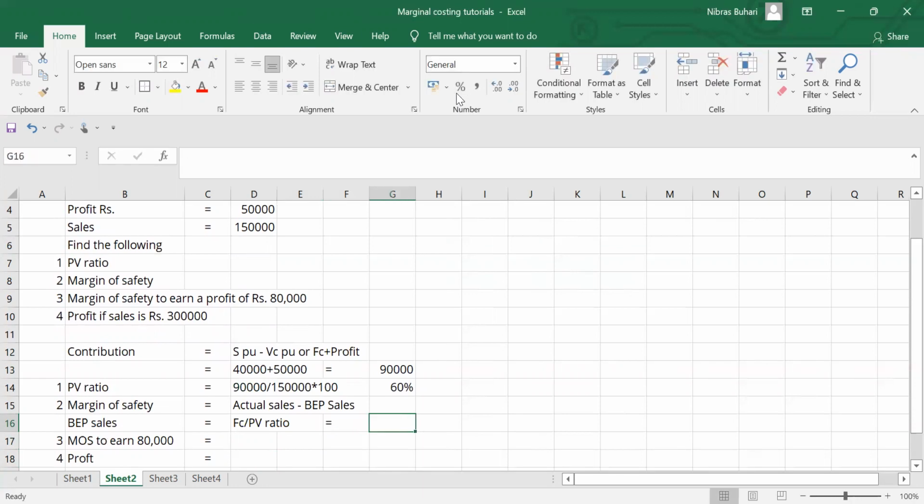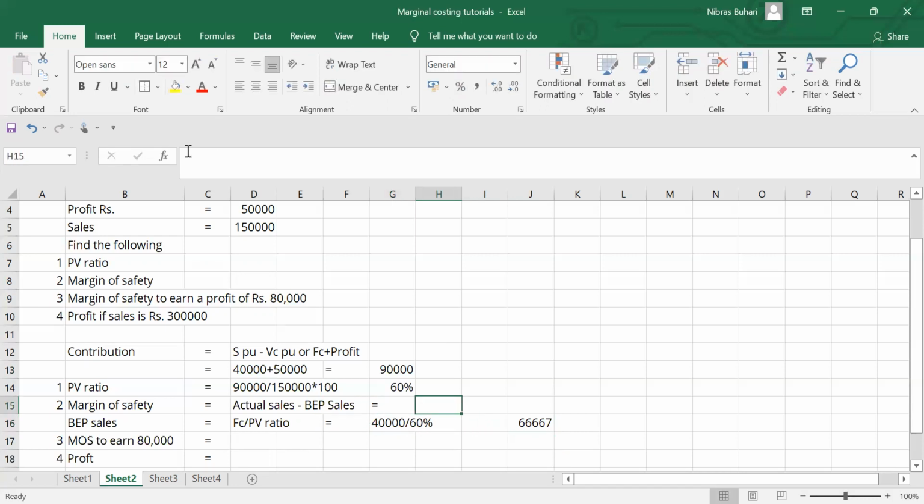I've given two formulas for BEP sales. I'm using the second formula, fixed cost divided by PV ratio. How much is our fixed cost? 40,000. How much is the PV ratio? 60%. 40,000 by 60%, you will get the BEP sales, just 66,667.